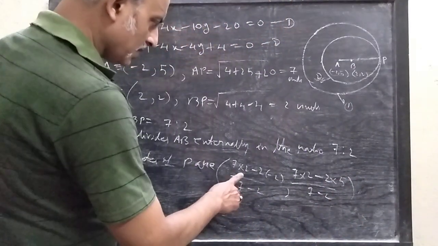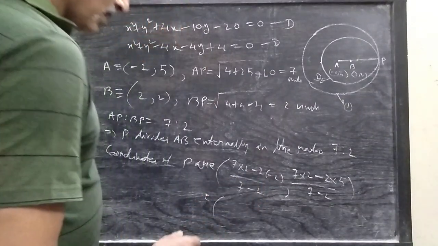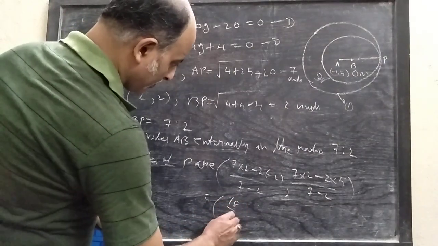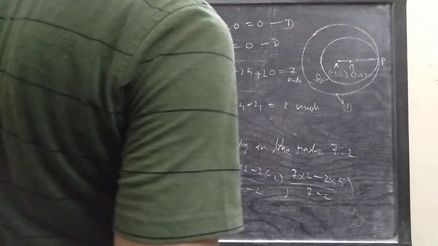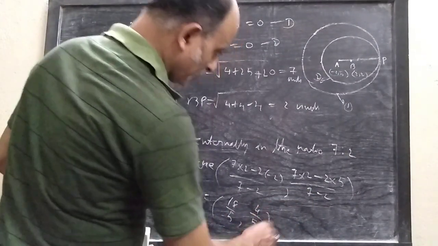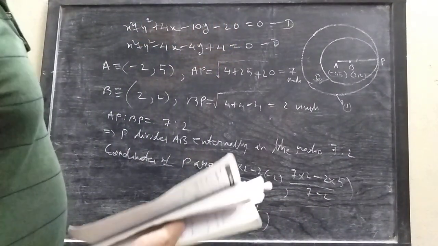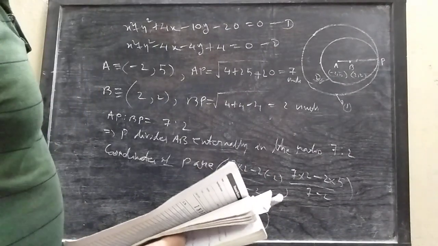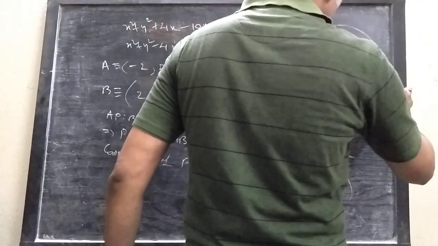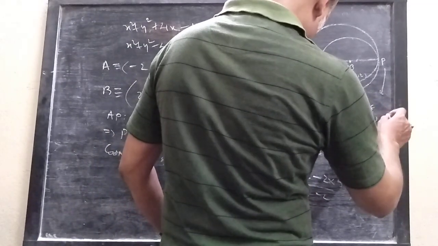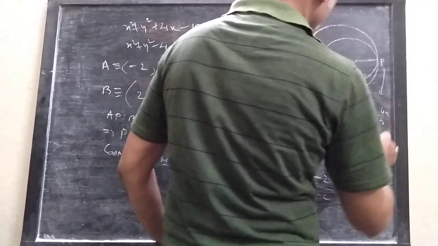So 14 plus 4, 18 by 5, and this becomes 14 minus 10, 4 by 5. So the coordinates of P we obtain are 18 by 5 and 4 by 5.